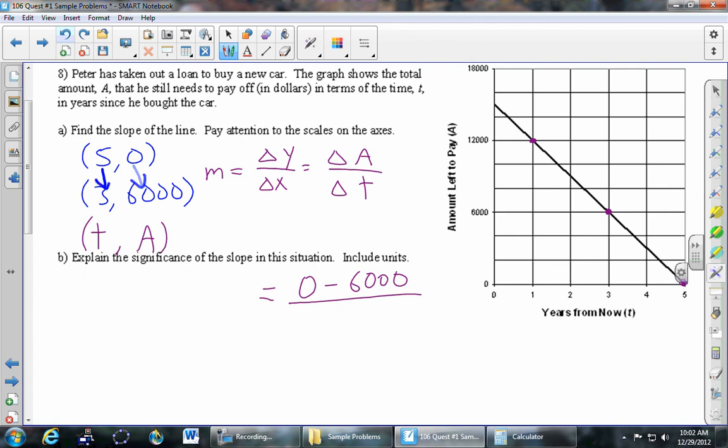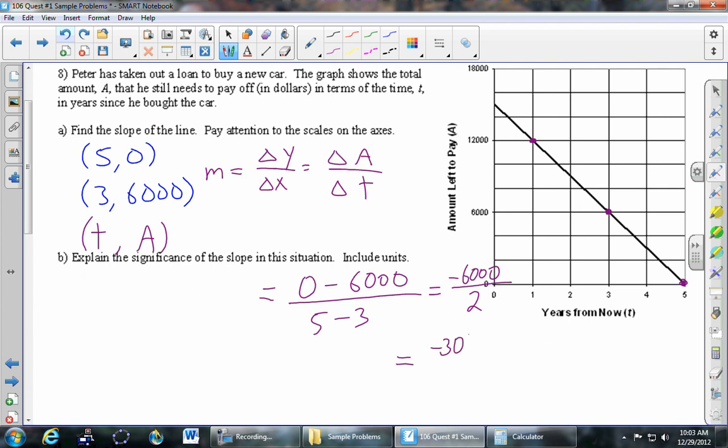I better do the same direction, 5 minus 3. So altogether, that's a negative 6,000 divided by 2, which we can reduce to negative 3,000. I'll go ahead and put divide by 1 just because I want to use the 1 in part B. But that right there is the slope.